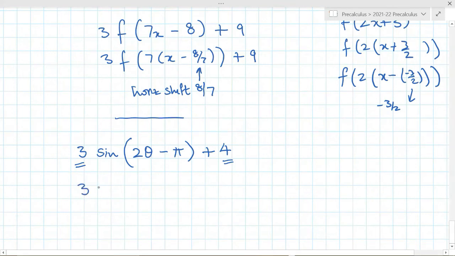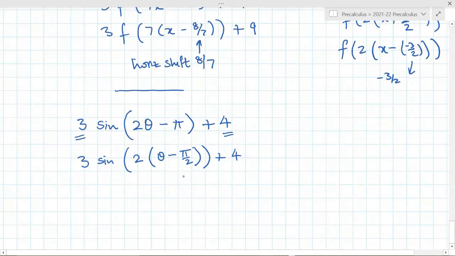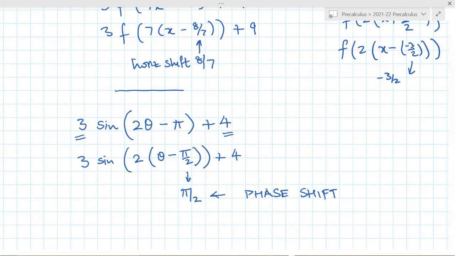So I have to rearrange it: 3 sine 2 times theta minus pi over 2, plus 4. What is the horizontal shift? Pi over 2. For sine, cosine, these trig functions, this is called the phase shift. Phase just refers to the angle, because here horizontal means the x-axis, which is theta, the angle. So the shift in angle is called the phase shift.